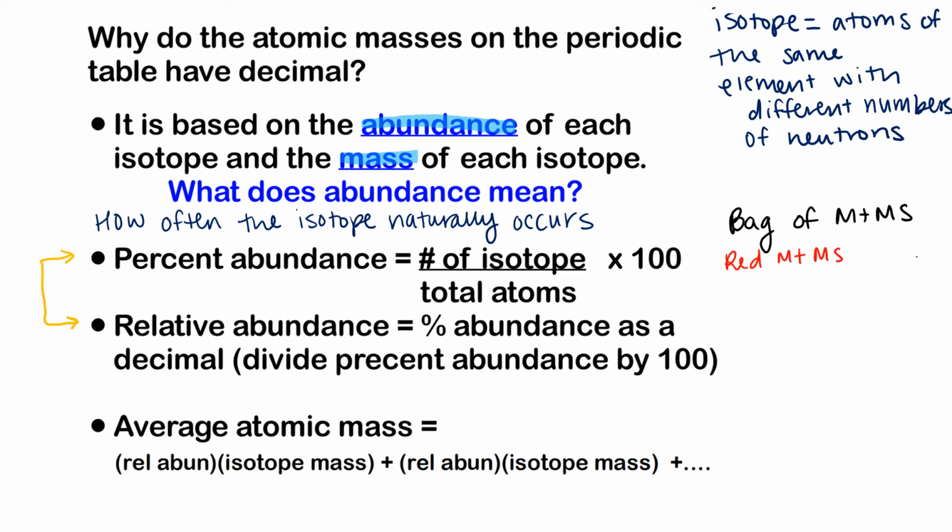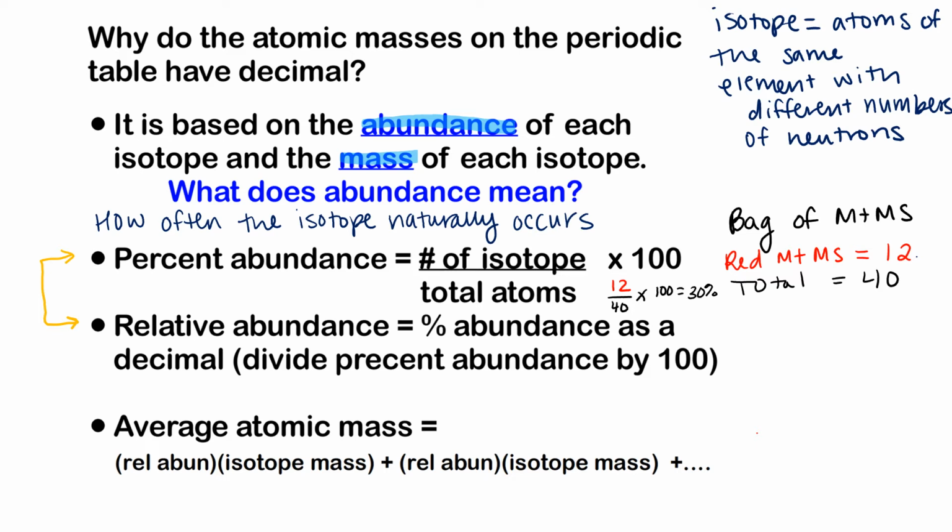When I open the bag and count them, I see that I have a total of 12 red M&Ms, and then I count the rest and see that I have a total of 40 M&Ms. So to calculate the percent abundance of my red M&Ms, I'm going to do 12 divided by 40 times 100. And we're going to get 30% abundance for the red M&Ms in our bag.